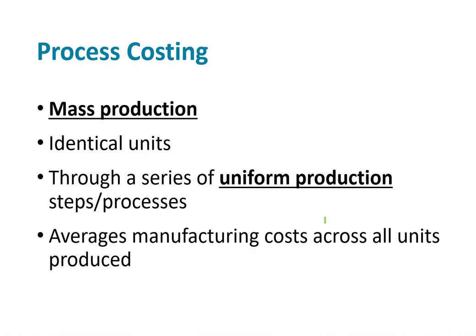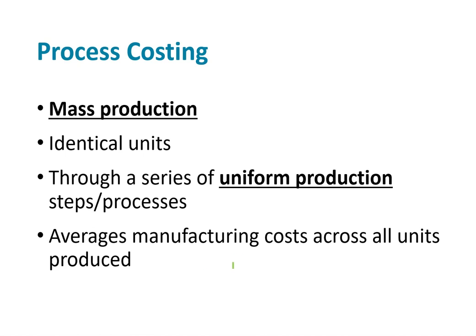The other type of cost accounting system is called process costing, and that's where you have mass production, you have identical units, and you have this uniform production process. And then after the process, they will average the manufacturing costs with all of the units that are produced.